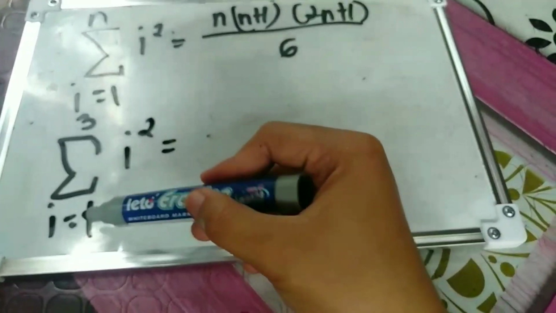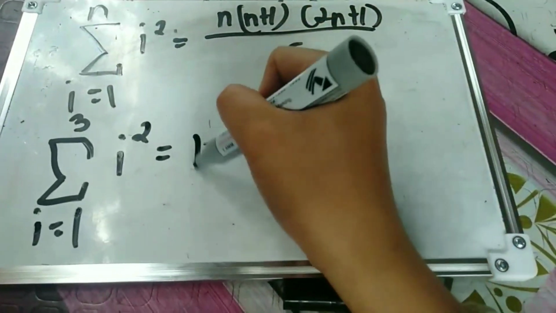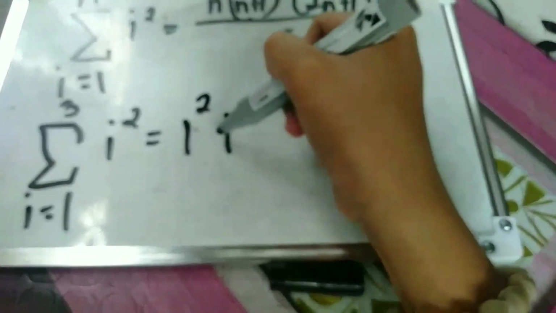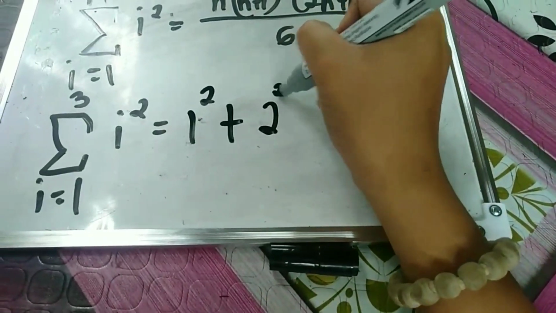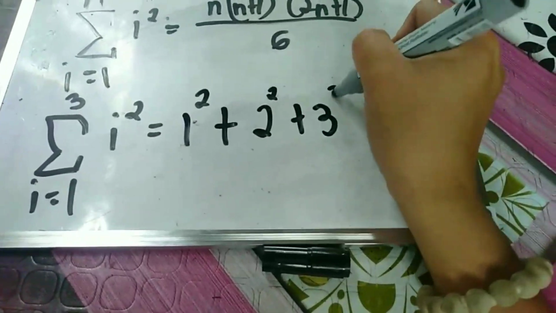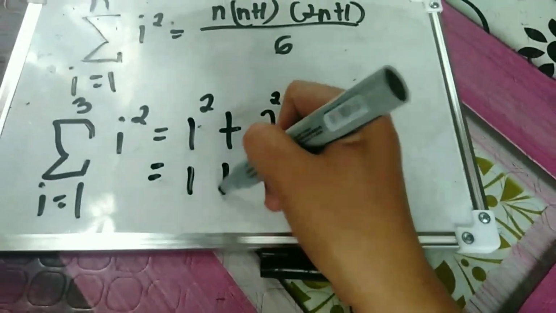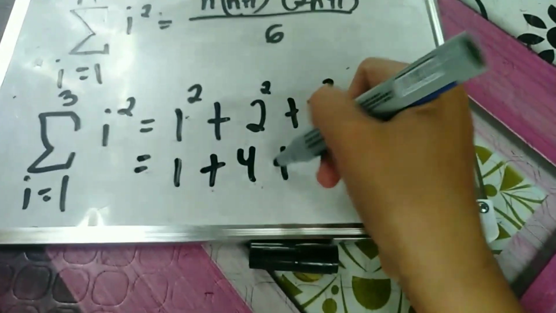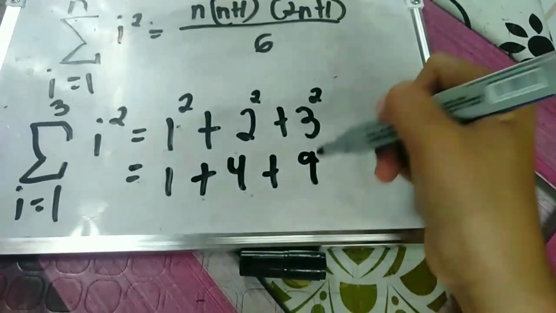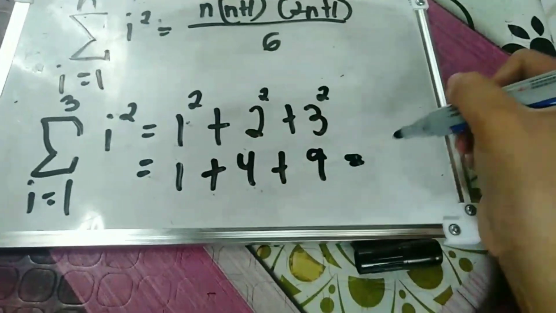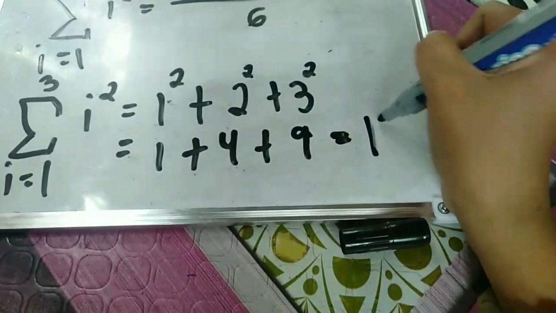So i-replace natin siya. Nag-start siya sa 1 kaya ang start natin ay 1 raised to 2 plus 2 raised to 2 plus 3 raised to 2. 1 raised to 2 equals 1, plus 2 raised to 2 equals 4, plus 3 raised to 2 equals 9. So add lahat. 1 plus 4 plus 9 equals 14.